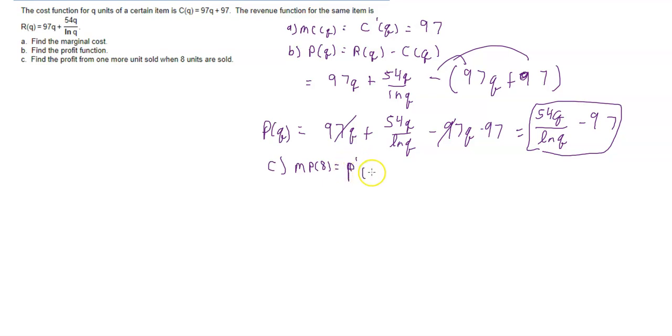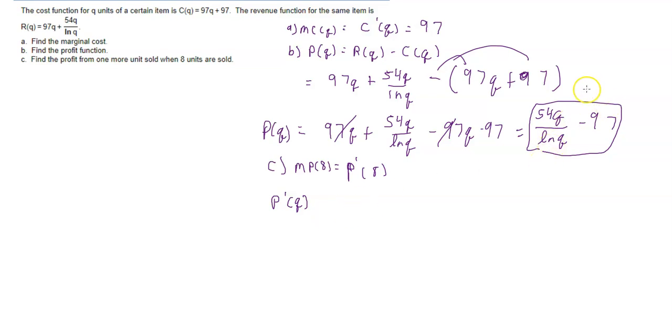evaluated at 8. So what I first need to do is find P prime of Q, and then once I have P prime of Q, I'll insert 8 and evaluate that function, because the marginal profit is calculated from the derivative.